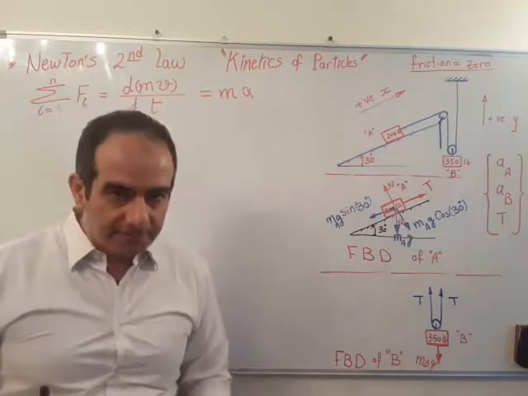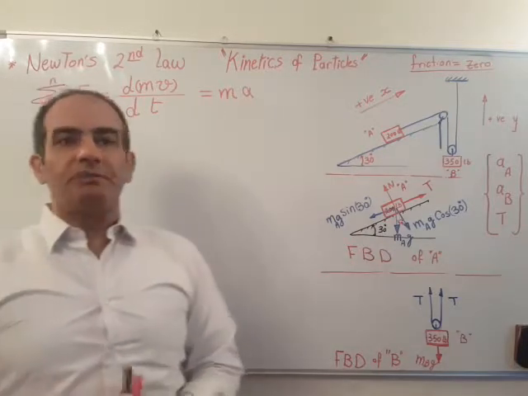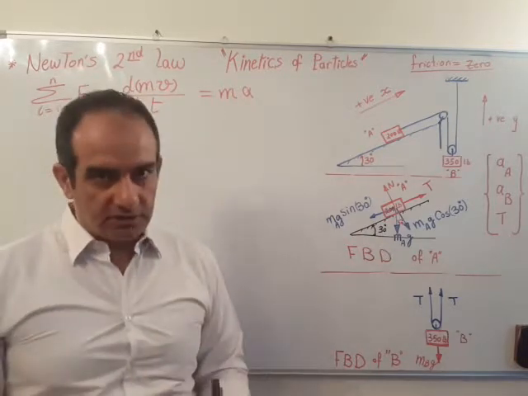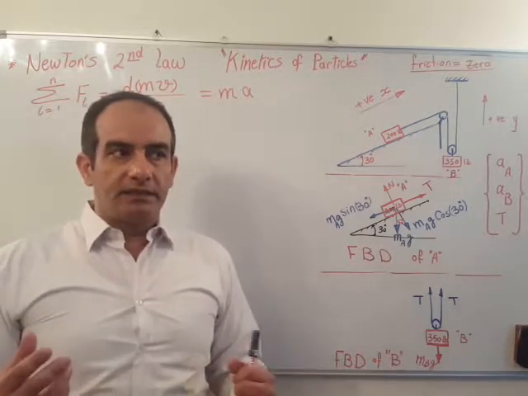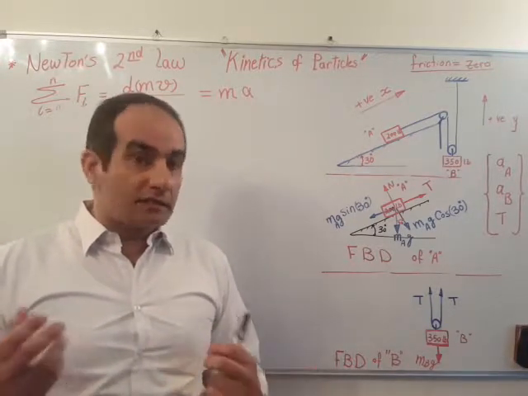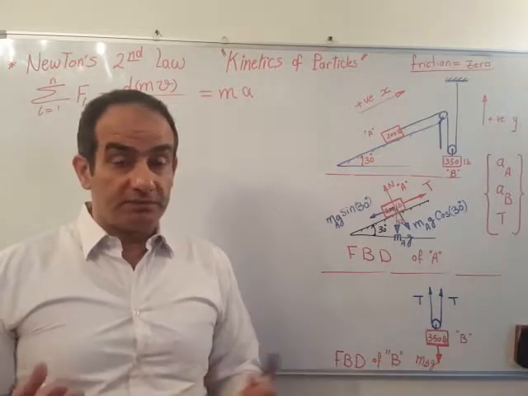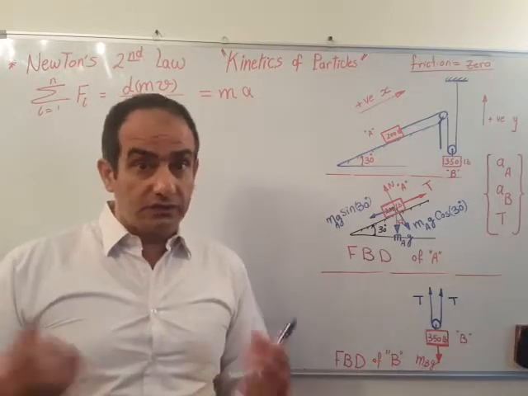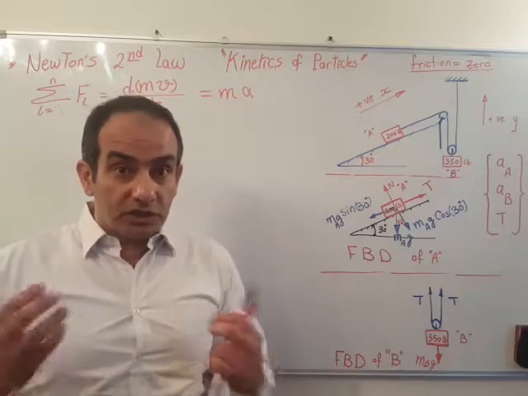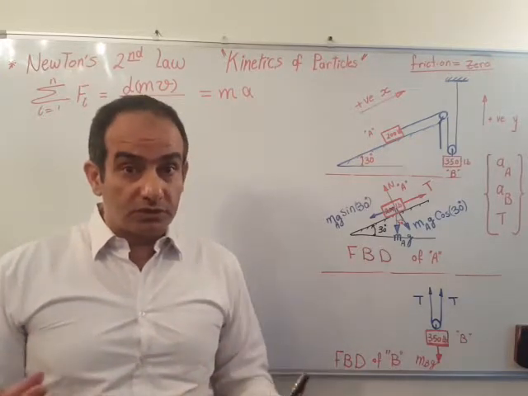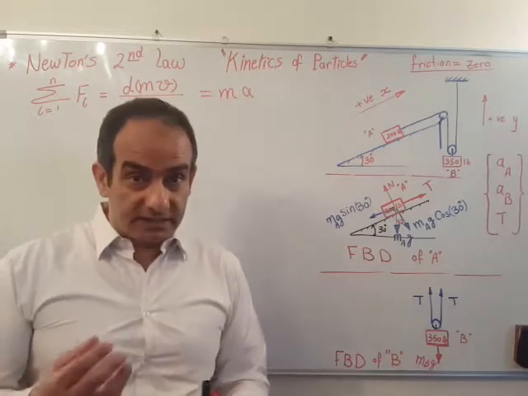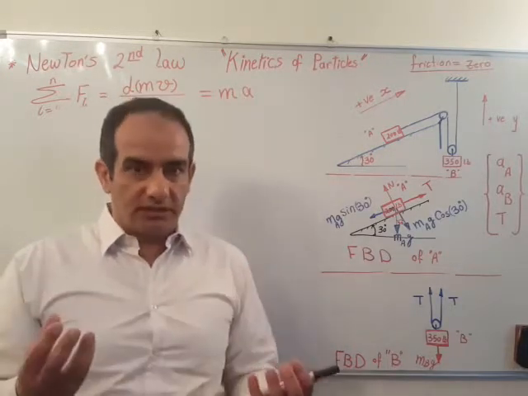But in reality, sometimes the mass is not constant. Sometimes the mass varies, in some special cases such as missiles, aircraft, and so on, due to fuel consumption. Due to fuel consumption, the mass decreases, so the mass is not constant actually.